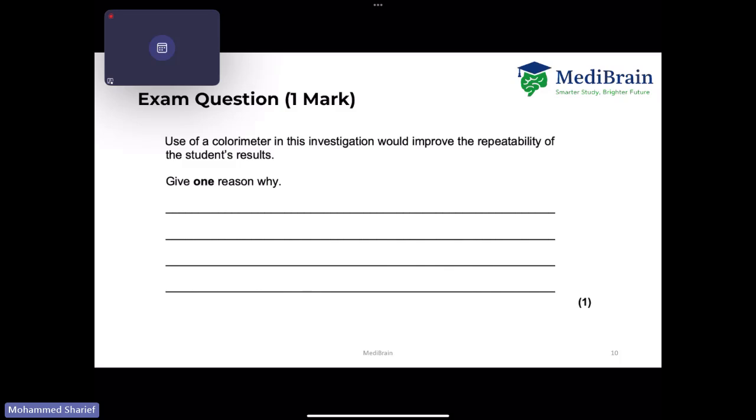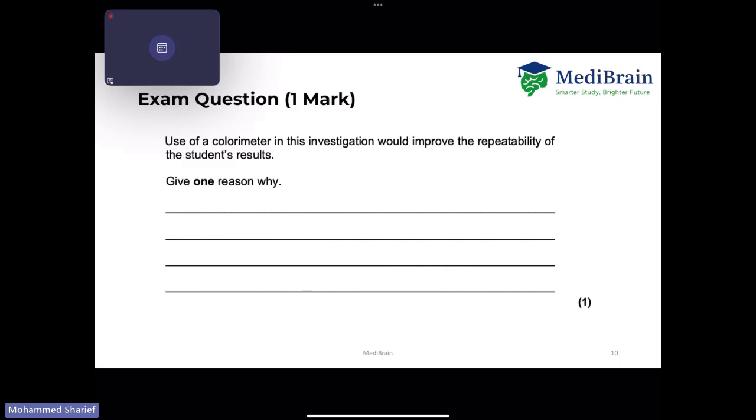If you're just noting your results down by looking at the solution, such as the strength of a color or how much precipitate is formed, you're not going to get an accurate answer over a population. People's judgment of the solution is going to be subjective.